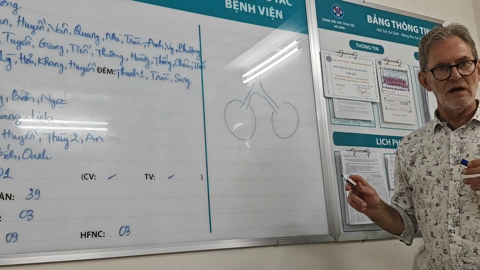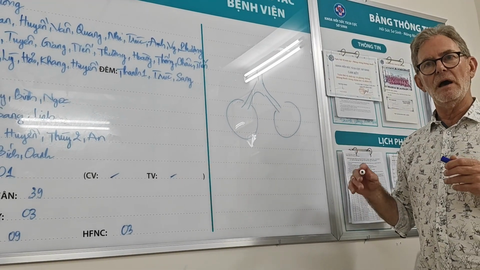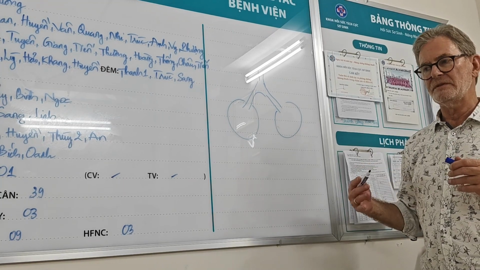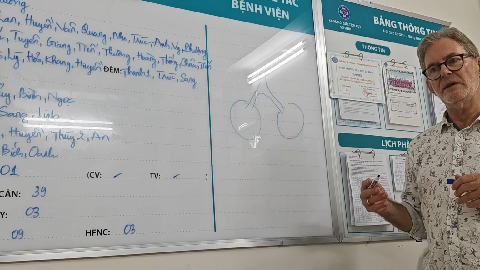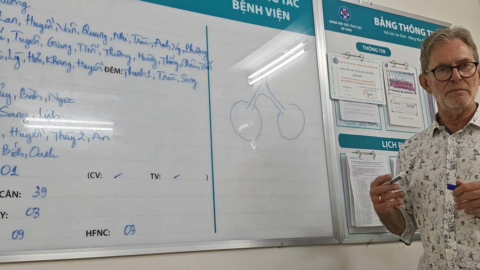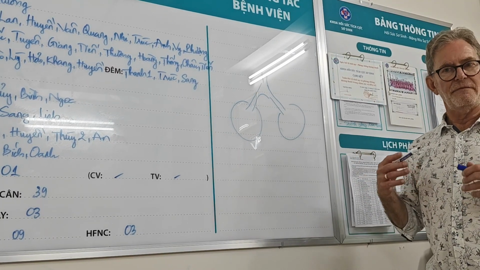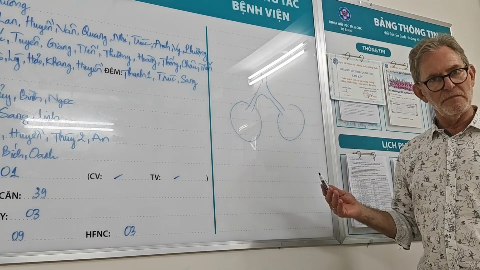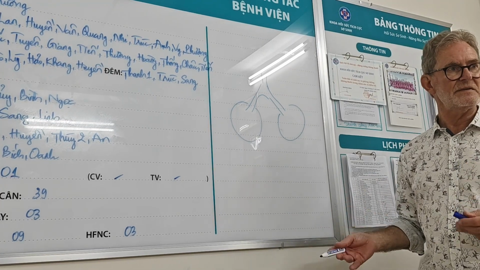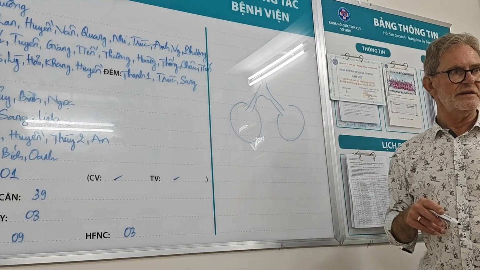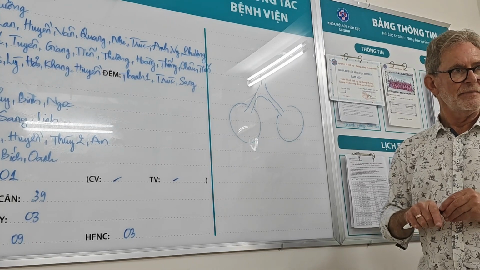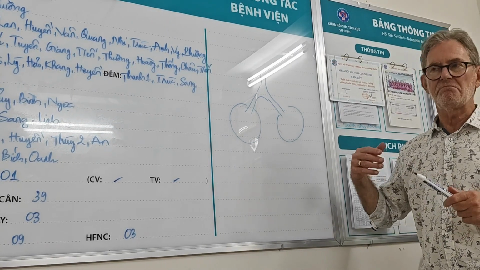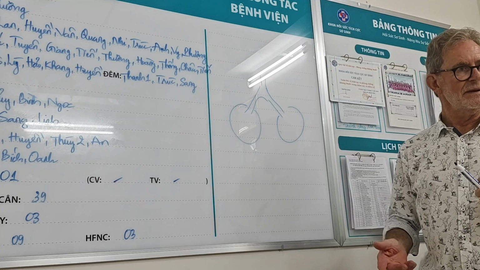One would be bronchiolitis. So I don't know what happens in your units, but in our units, when babies come in from home with bronchiolitis, if they're very young, maybe 4 or 6 weeks, they get admitted to neonatal intensive care, not paediatric intensive care, because we know more about little babies.